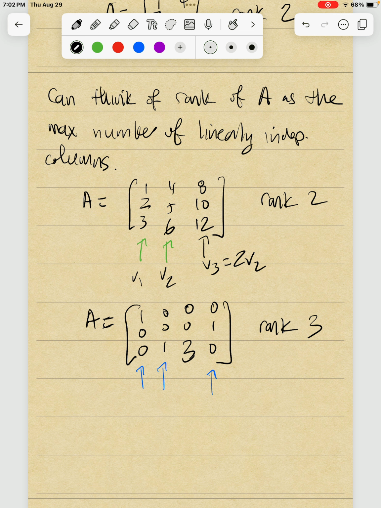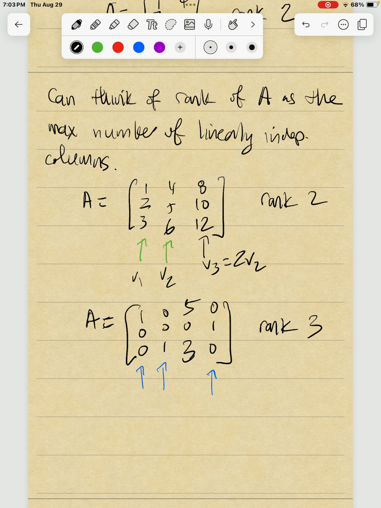Okay, and if I replaced the 0 by, say, a 5, what will be the rank of this new matrix? It will still be 3, because this third column is still a linear combination of the first two columns. It's 5 of the first vector plus 3 of the second one.